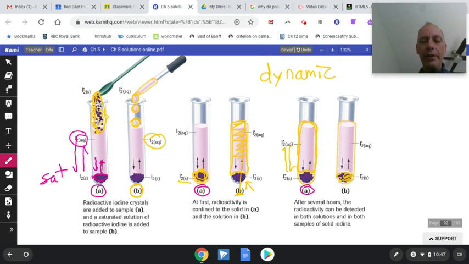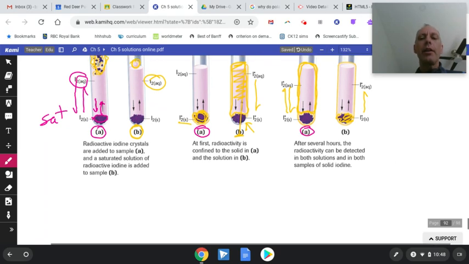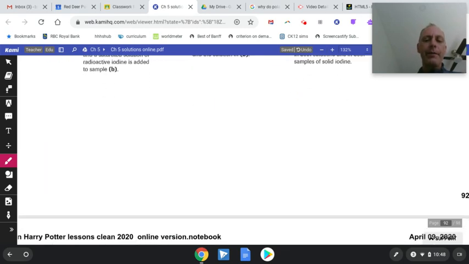How did that happen? The aqueous moved into solid, and then some of the solid moved back into the aqueous. And again, it was dynamic equilibrium. So this little experiment shows you how aqueous and solid are constantly moving back and forth between those two states in a saturated solution, dynamic equilibrium.